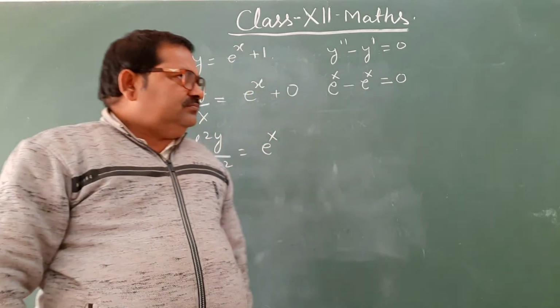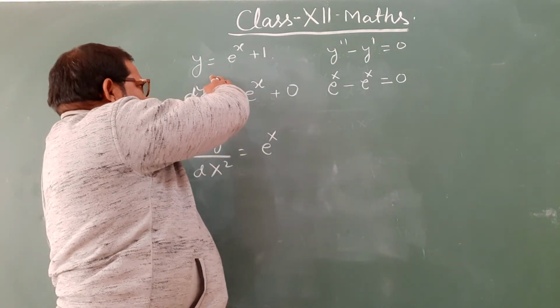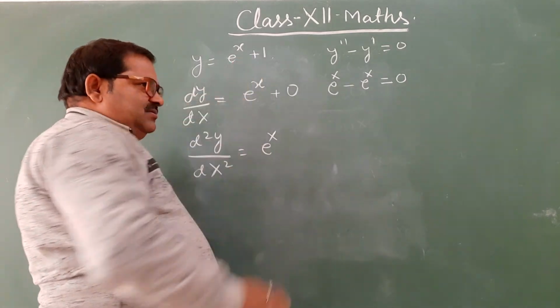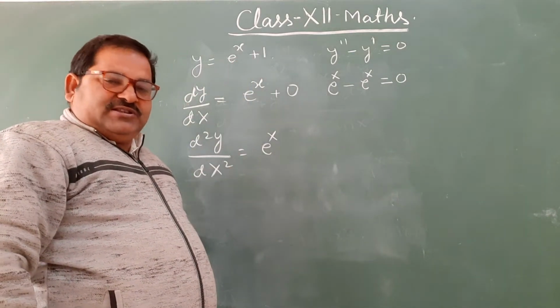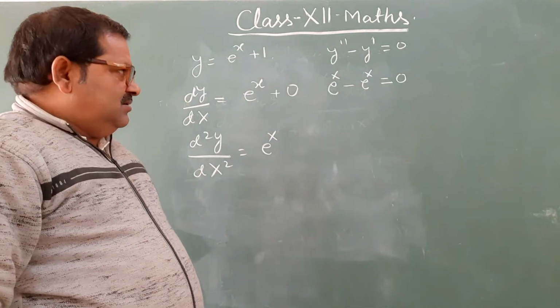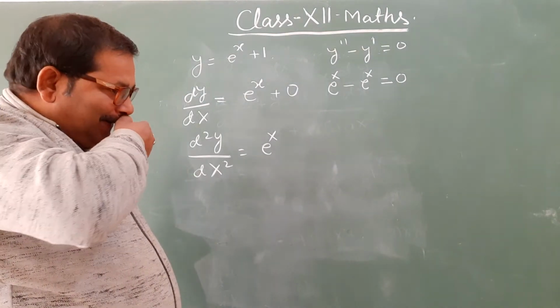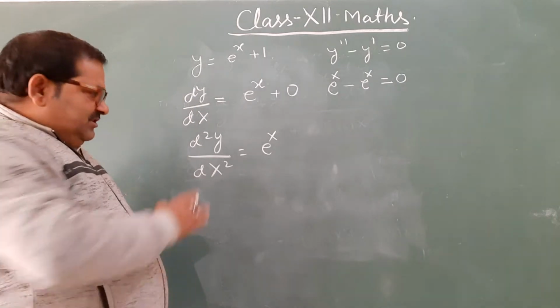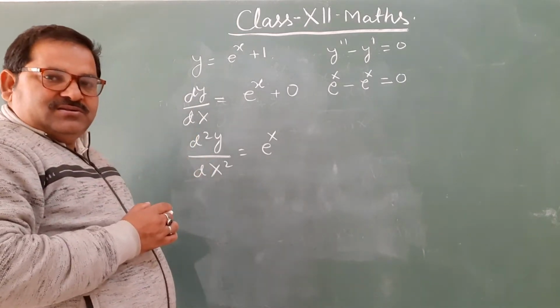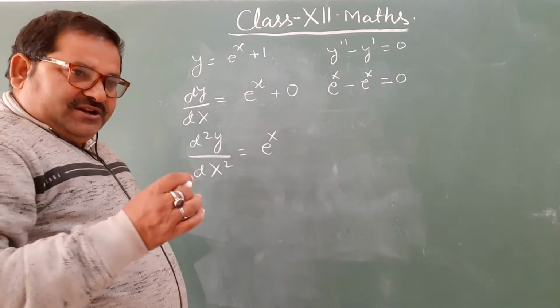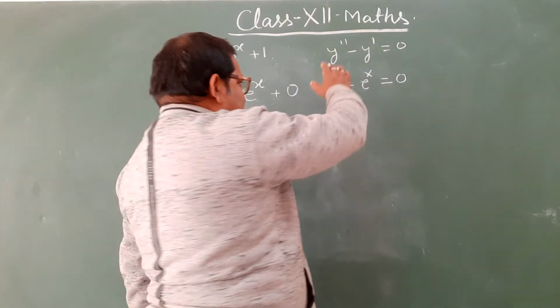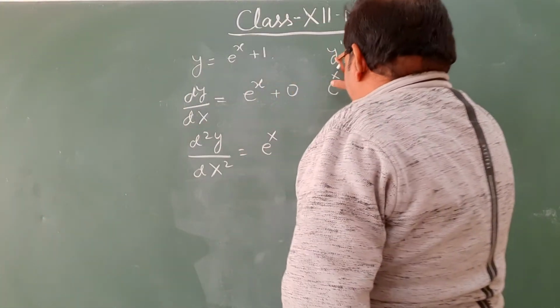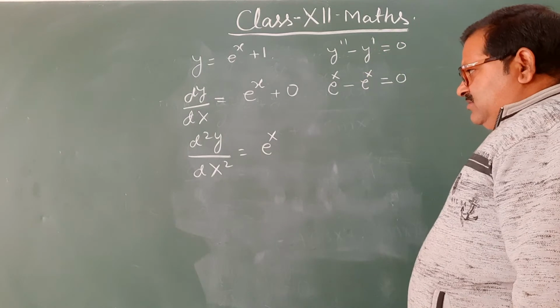Now y equal to e power x plus 1 is the function, and we differentiate this function with respect to x as many times as the required condition, y double dash and y dash.